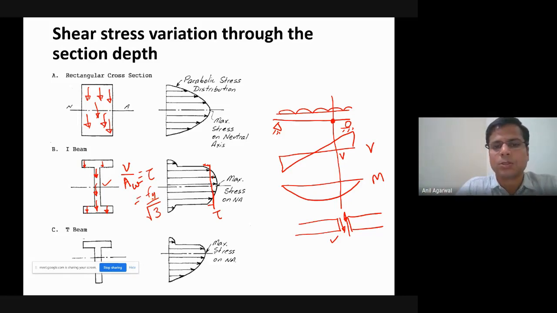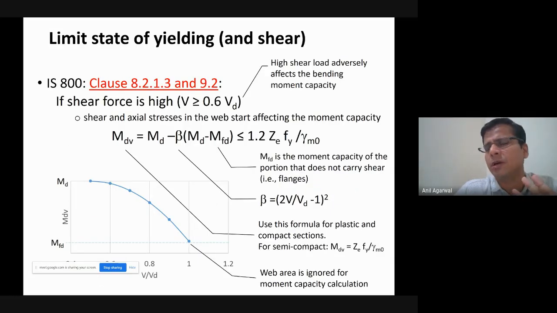So your tau is equal to Fy by root 3. And you know how much area AW is available. Correct? So tau limit multiplied by AW, plus the factor of safety, will give you the VD value, the design shear capacity value.